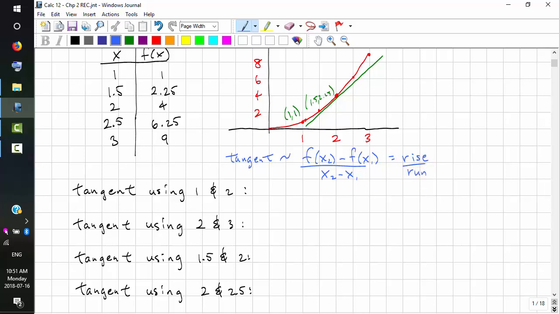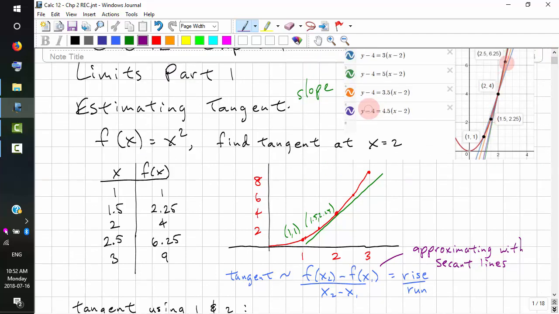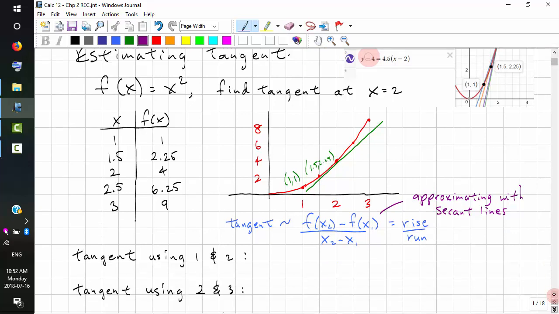That means slope, and we are approximating with secant lines. Again, a secant line will go through a curve at 2 points. A tangent line only goes through it at 1 point.